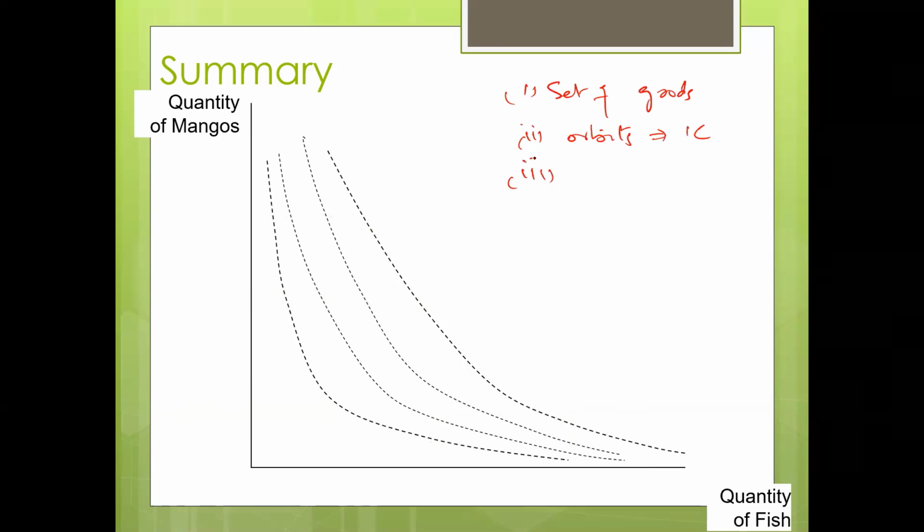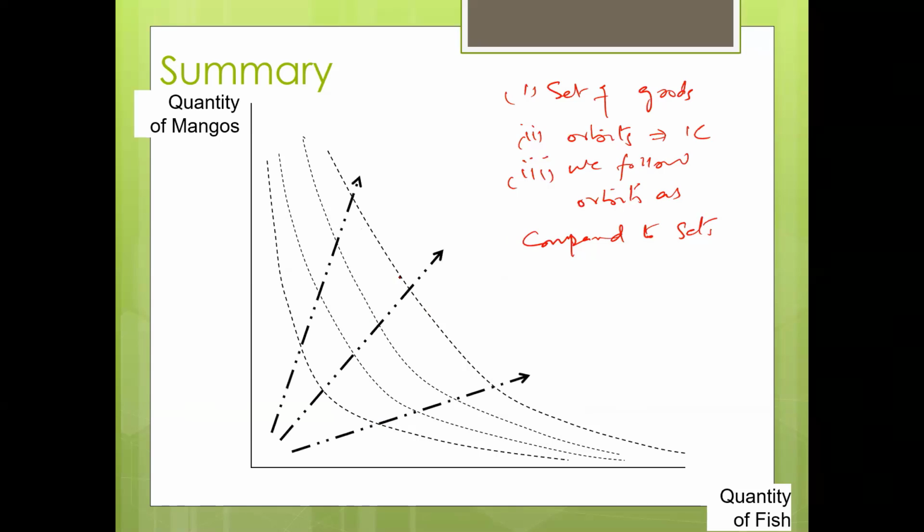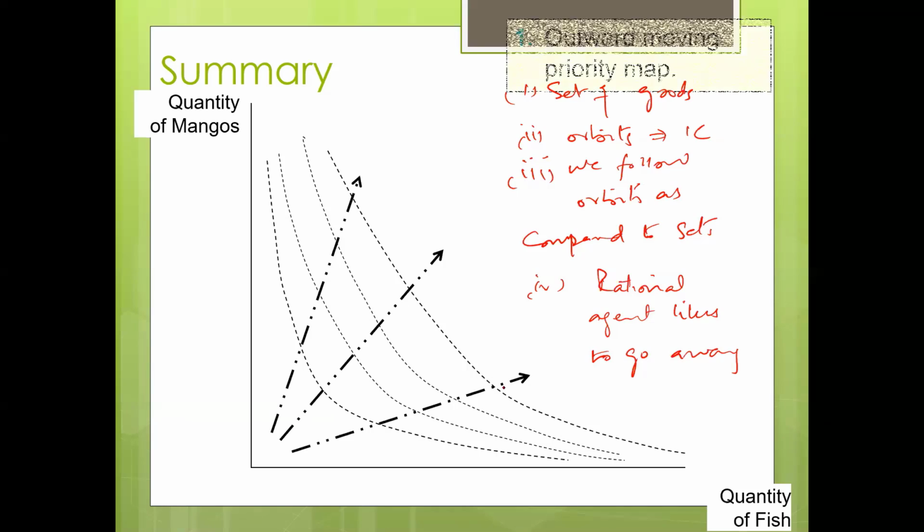Since there are infinite dots, rather than following the sets, we follow the orbits. And a rational agent likes to go away. So this is our preference map.